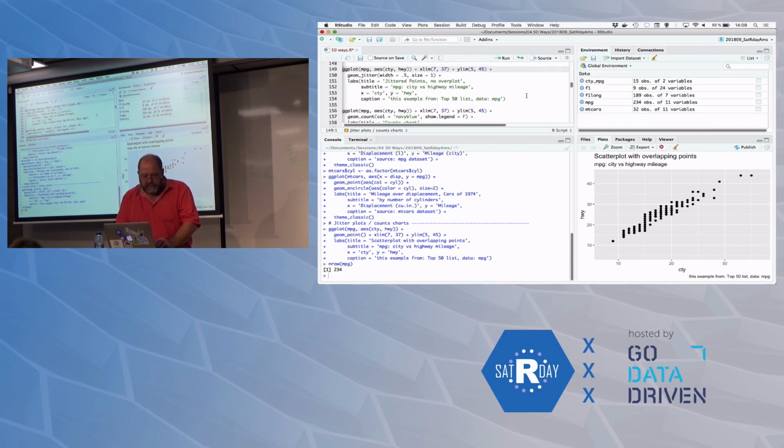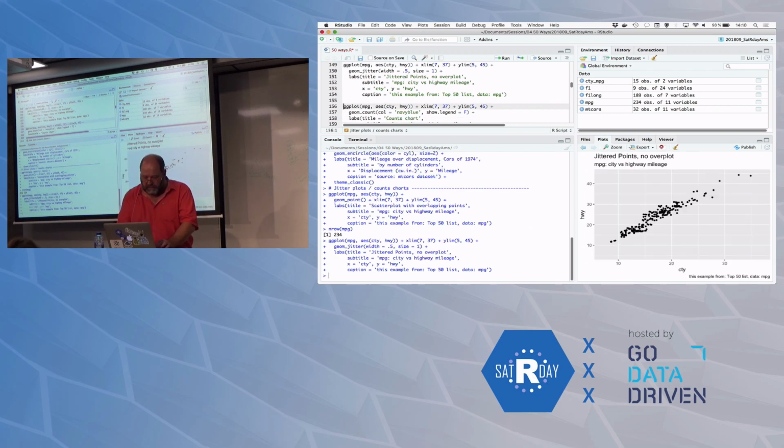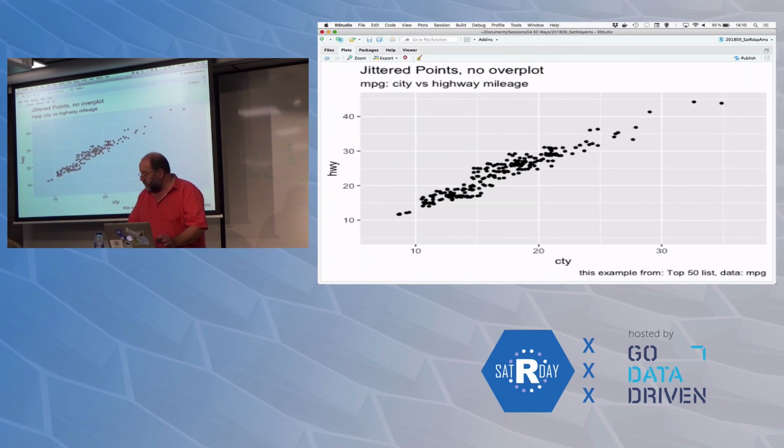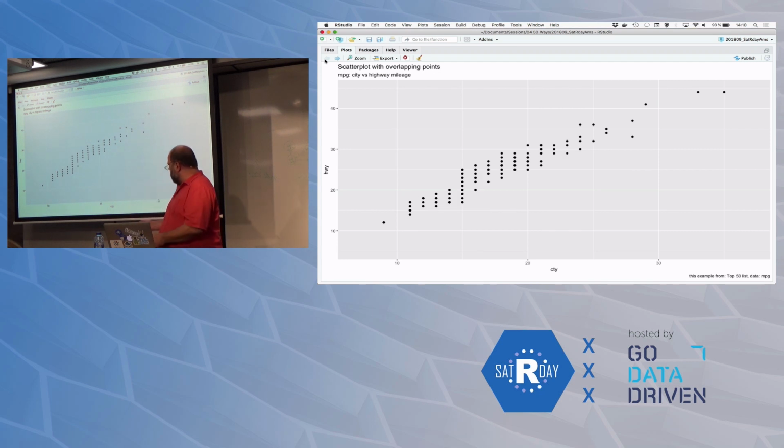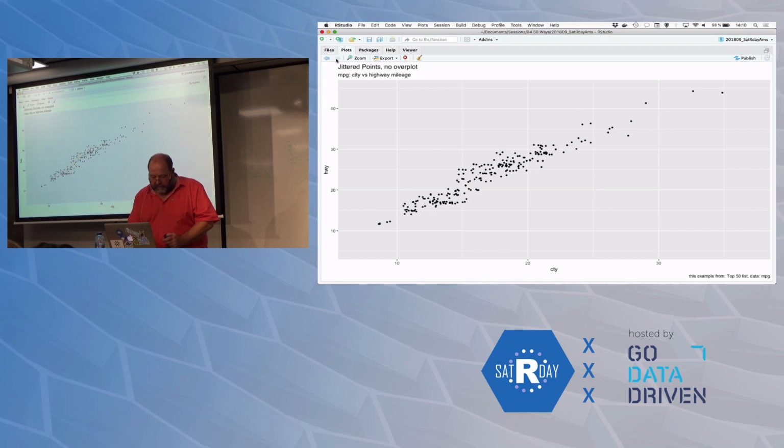So what can you do to make this visible? There's a geometry called geom jitter, for instance. If we take that, I have to pull it out a bit. If you remember down here in the previous one, that was just 1 point there, and now you have like 5 points or something like that.